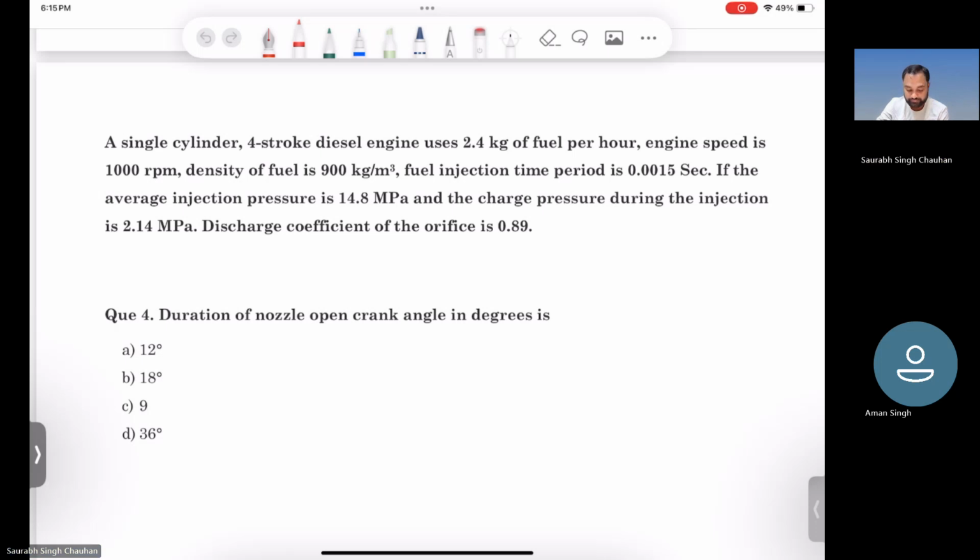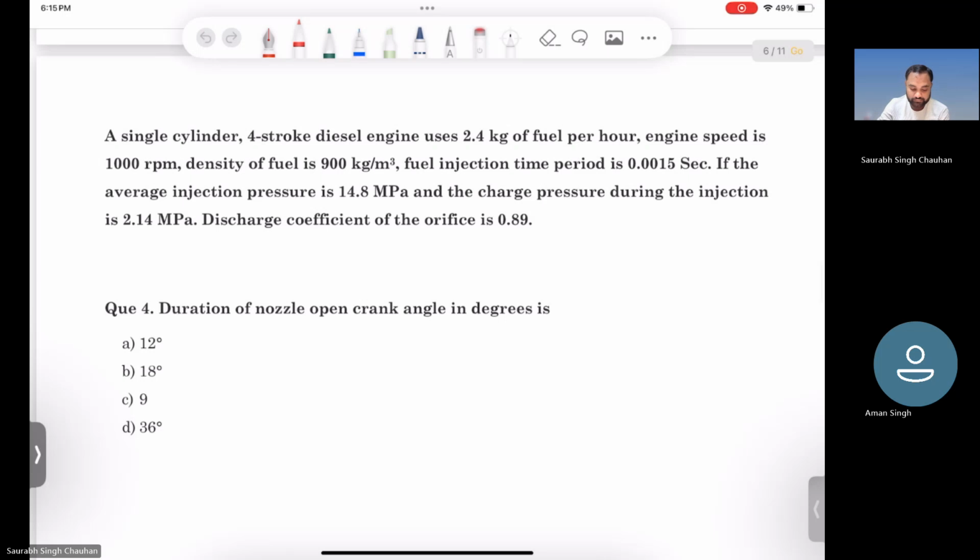So some information is given. What is given? That this is a 4-stroke diesel engine. Fuel consumption rate is given. Engine speed is given. Density of the fuel is given. Fuel injection time period is given. And injection pressure is given. And charge pressure means pressure inside the cylinder, right?